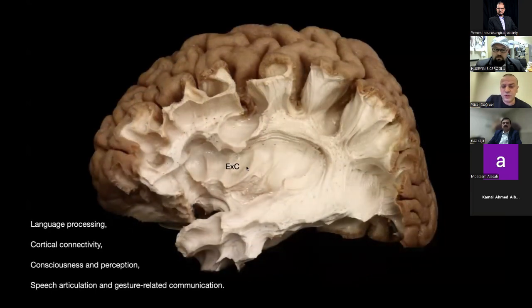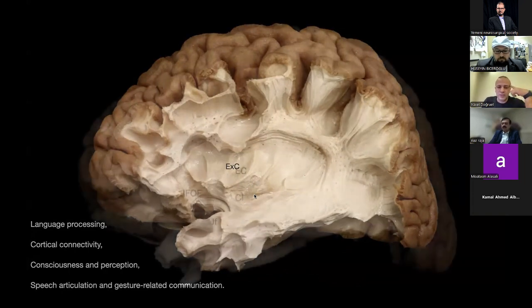When we remove the insular cortex, there are U fibers, a white matter tract. These are the extreme capsule, which has functions in language processing, cortical connectivity, consciousness, perception, and speech articulation.